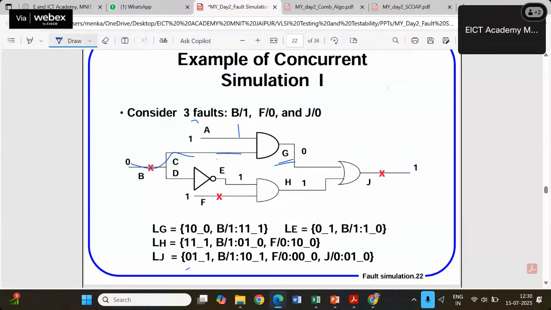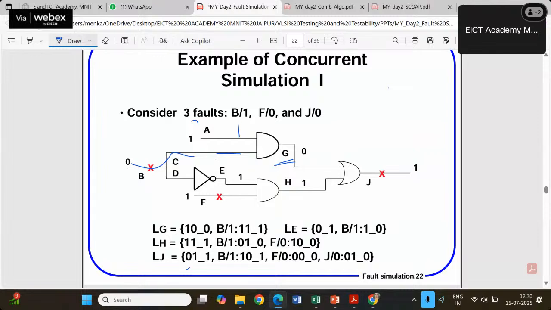So basically, B, but I'm not able to get it. I was able to detect with that particular approach.